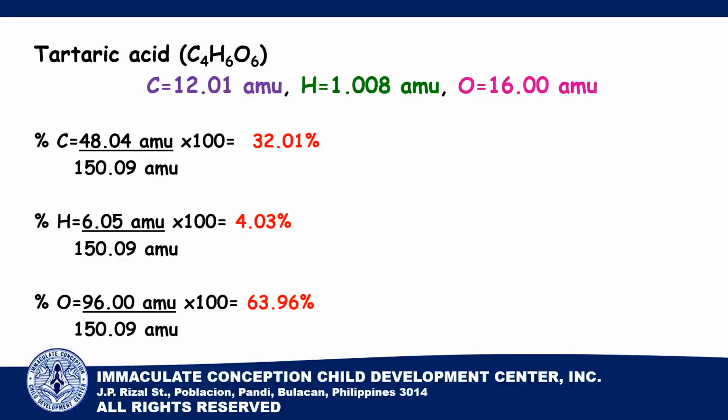For hydrogen, we have 6.05 AMU over 150.09 AMU times 100, which gives 4.03%. And for oxygen, we have 96.00 AMU over 150.09 AMU times 100, which gives 63.96%. The percent composition of all the elements composing a particular compound shall always add up to 100%.